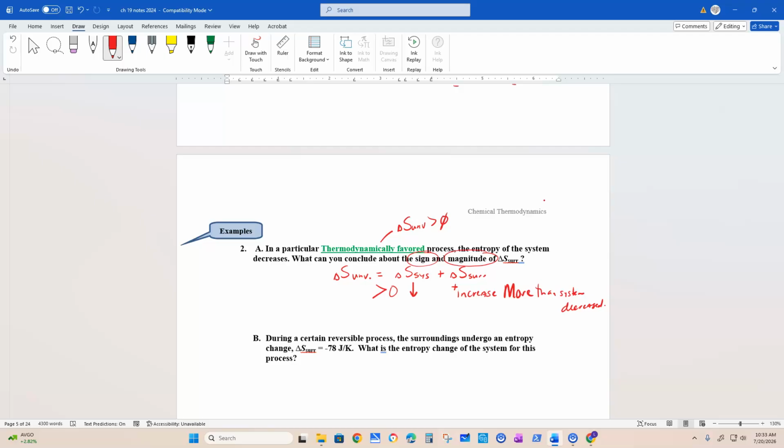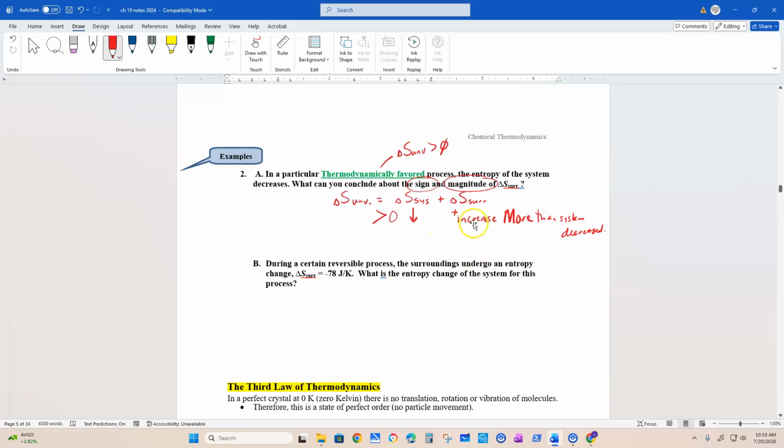Okay, plugging it in with actual math, if you have a reversible process, the surroundings undergo an entropy change of delta S surroundings. So I know my delta S universe is system plus surroundings. But they did tell me something else besides this negative 78. They said reversible.